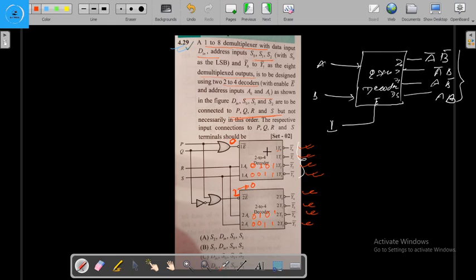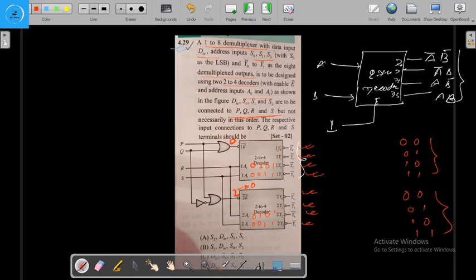Now we are going to write all these four inputs. So here we have written 0 0, 0 1, 1 0 and 1 1, again 0 0, 0 1, 1 0 and 1 1. This is for our first decoder and this is our second decoder.